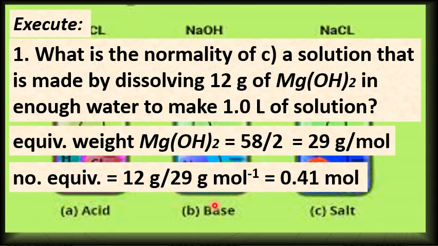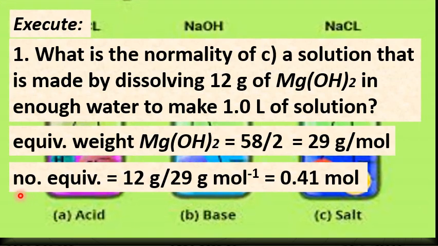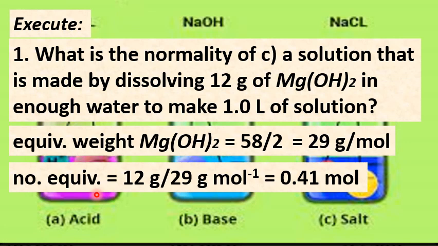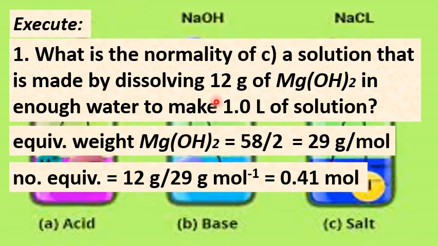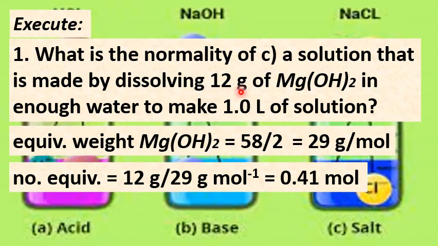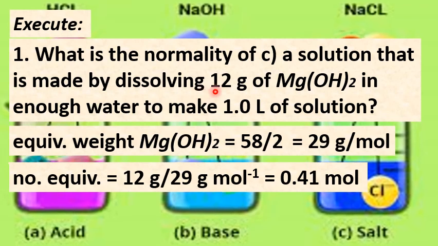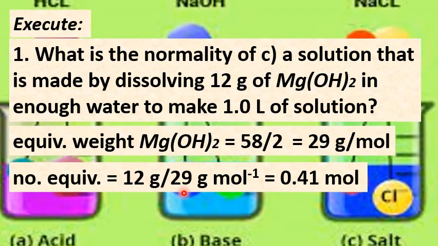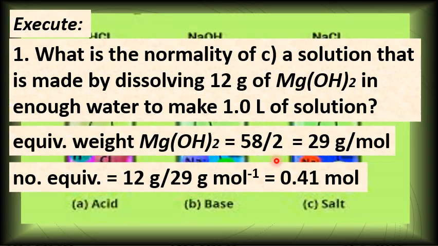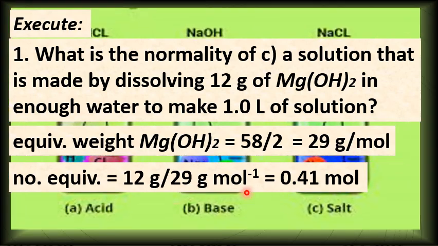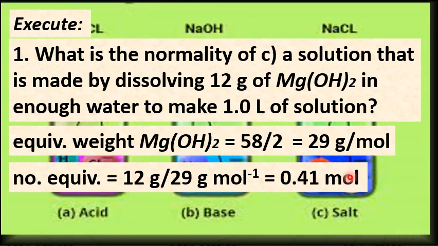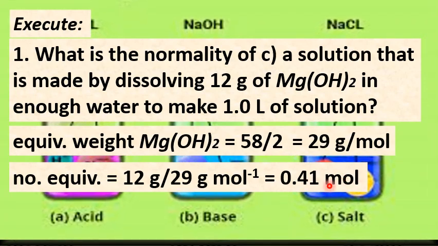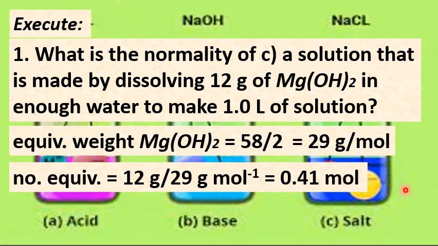We can now therefore continue determining the number of equivalents, which is just the amount of solute expressed in grams, which is 12 grams. So divide that by the equivalent weight or equivalent mass, 29 grams per mole, and we will get the number of equivalents equal to 0.41 mole.